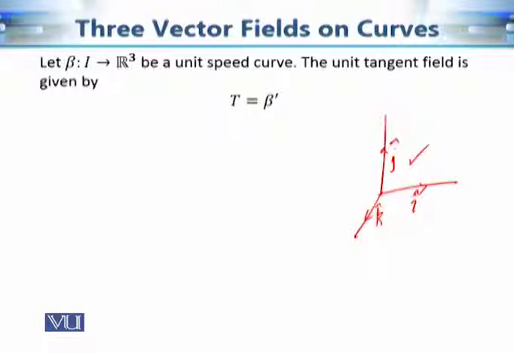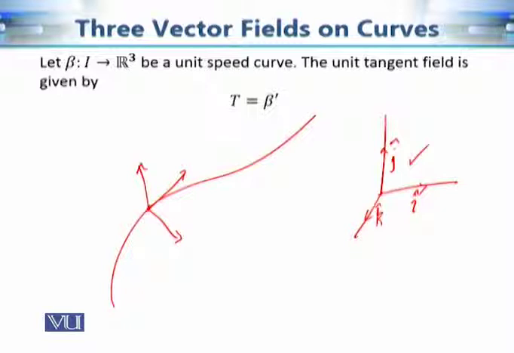So we want that at each and every point on the curve we have 3 mutually orthogonal unit vectors, and these will provide us a basic tool for determining the geometrical properties.